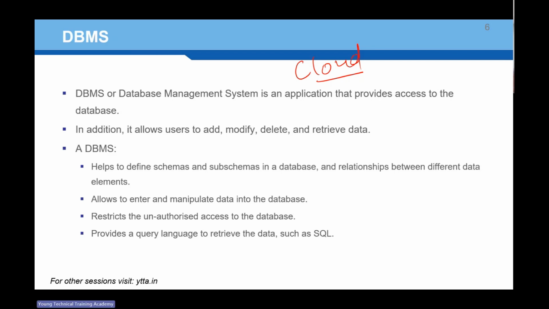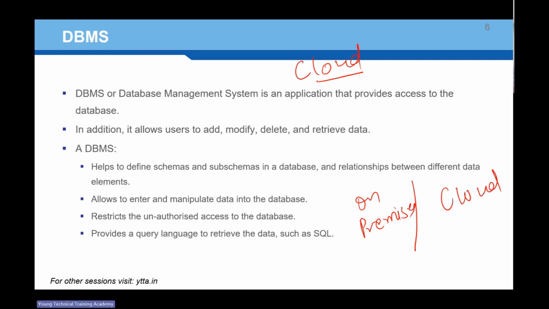As I mentioned, these days we have another new concept coming into the picture, which is cloud. So basically, I would say DBMS can be on two platforms. What are those two platforms? One is on premises, and second is on cloud.